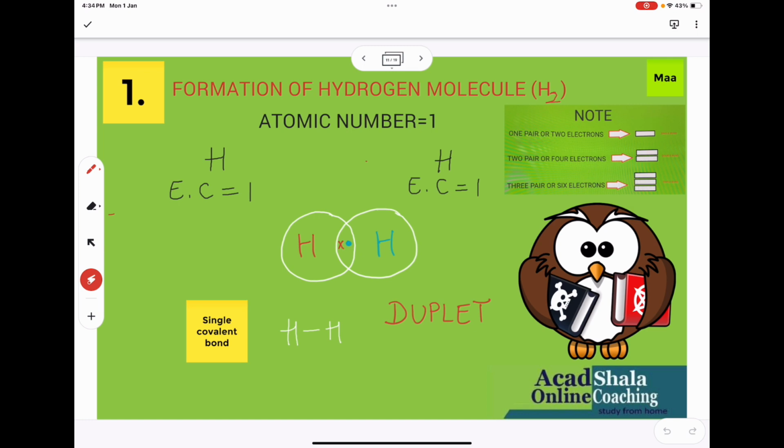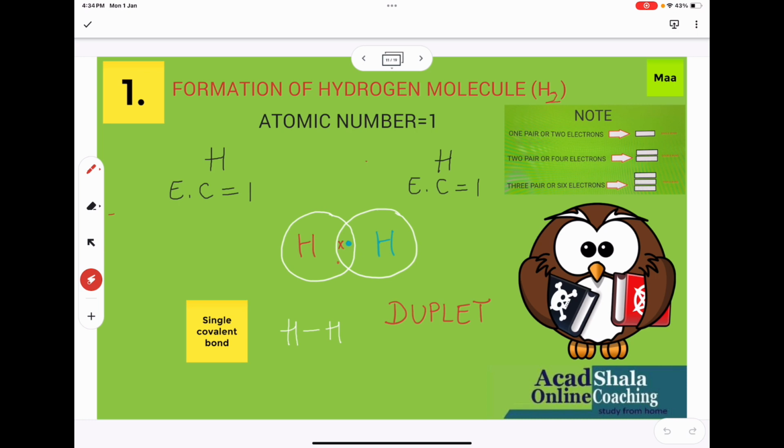Now, first of all, we will be talking about types of covalent bonds, starting with the single covalent bond. Let us take an example of the hydrogen molecule. Whenever I say hydrogen molecule, it means I'm talking about H2. Always remember, a single covalent bond is formed by mutual sharing of one electron pair between two atoms.